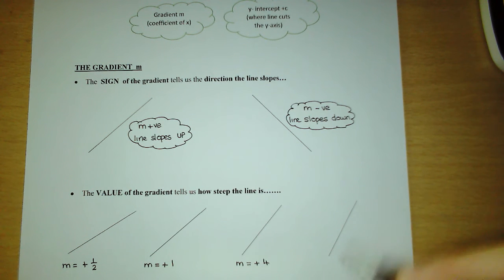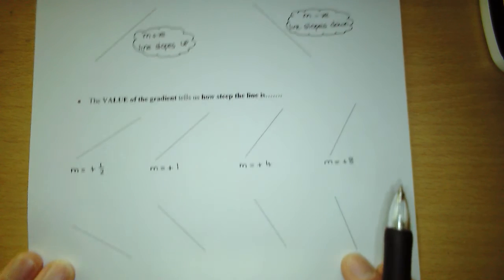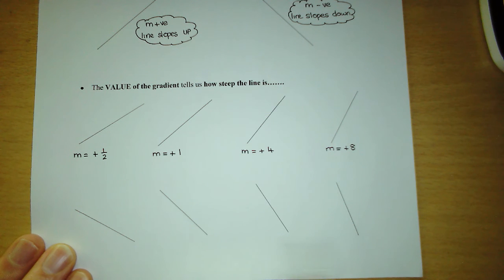If we keep moving, as we get steeper, that could represent a line with a gradient of +8. As we move from left to right, the line is getting steeper, and that means the value of the gradient is getting bigger.